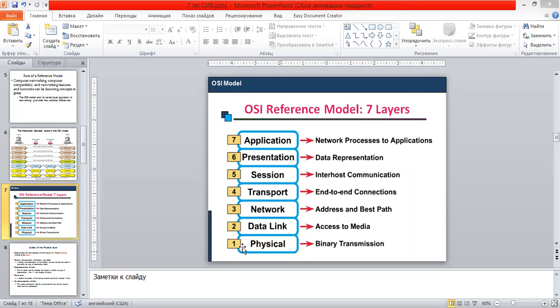So in the physical layer, there is binary transmission. In the data link, access to media, network address and best path, transport end-to-end connection, session layer, inter-host communication. In the presentation layer, data representation, and application layer, network process to application.